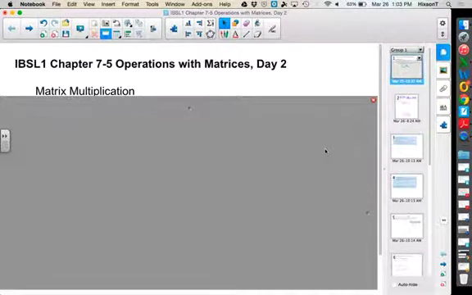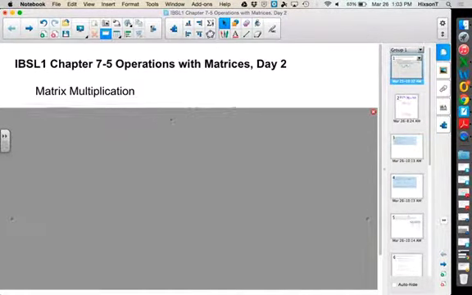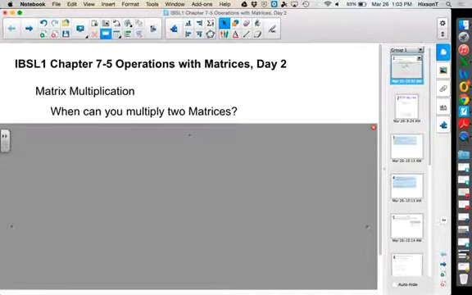And like we did with addition, the first question we need to ask is, when can you multiply two matrices together? If the left side is 4 by 3, in other words it has 3 columns, then the second matrix would have to have 3 rows.